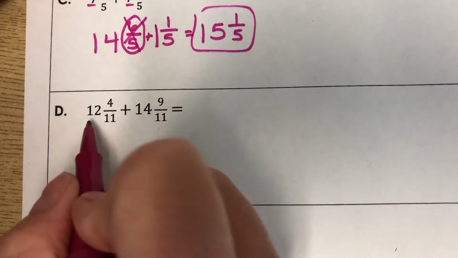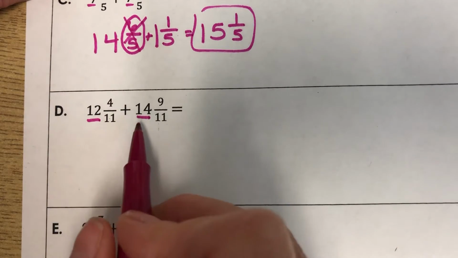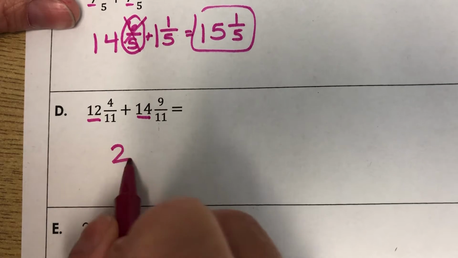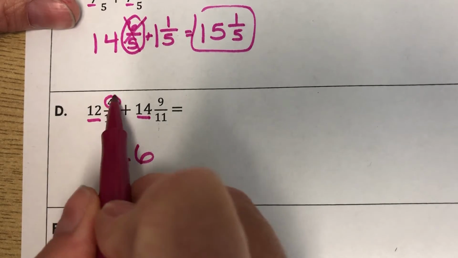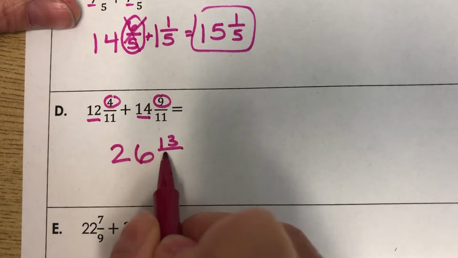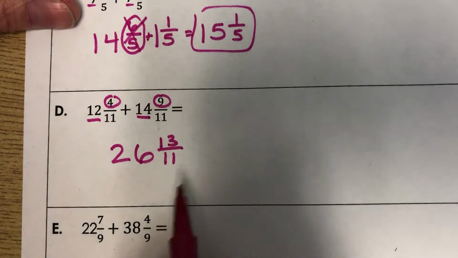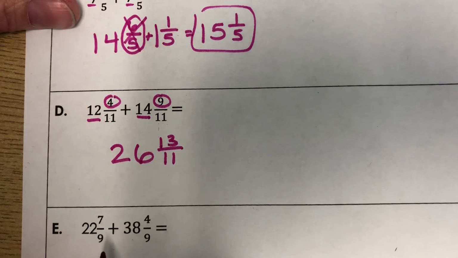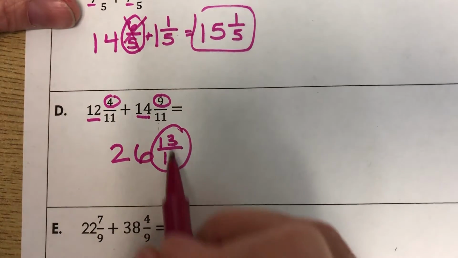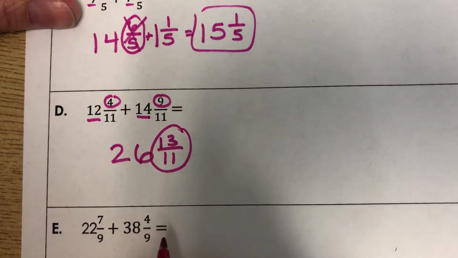Next one I see, common denominator. 12 plus 14 is what I'm going to add first, and 12 plus 14, you guessed it, is 26. And now I just need to add 9 plus 4. 9 plus 4 is 13, and my denominator doesn't change. You can't leave it like this. I know, I wish we could. We can't. It just wouldn't be proper, guys. 13 divided by 11 is how you can look at this.